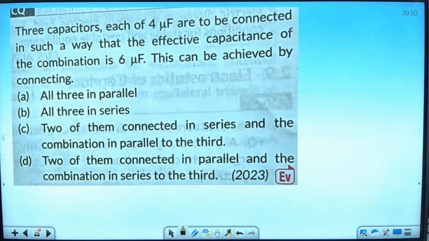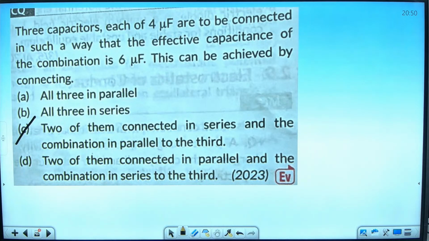Option A, all three in parallel. 4, 4, 4 in parallel, net will become equal to how much? If all three are in parallel, then 4 plus 4 plus 4, it will become 12. You are saying C. Whether C is correct?